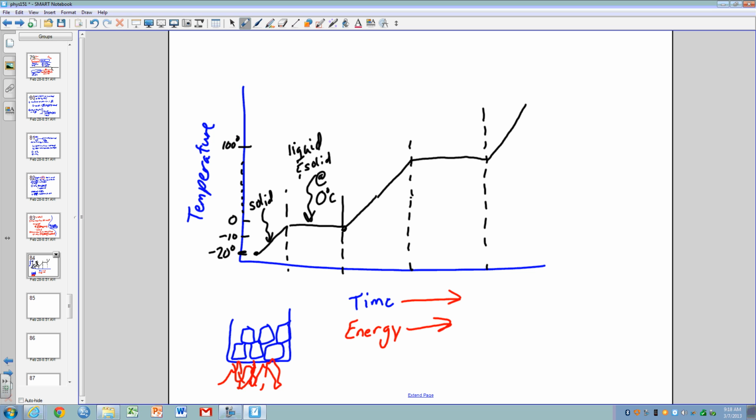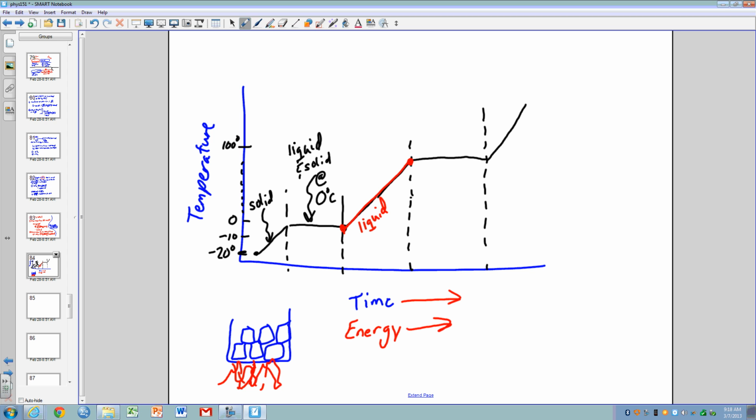Now at this point, right here, all of my ice has been converted into water. So as it increases in temperature from 0 degrees Celsius up to 100 degrees Celsius, what phase do I have? Solid, liquid, or gas? It's liquid, right?